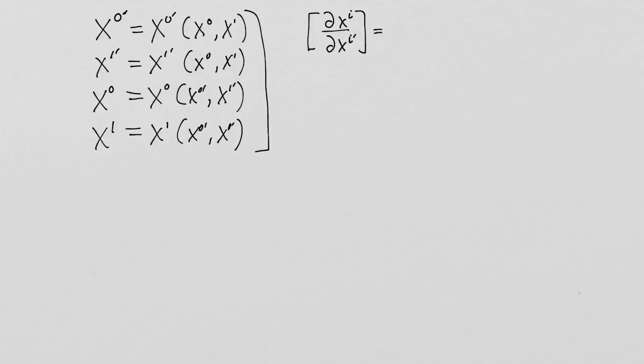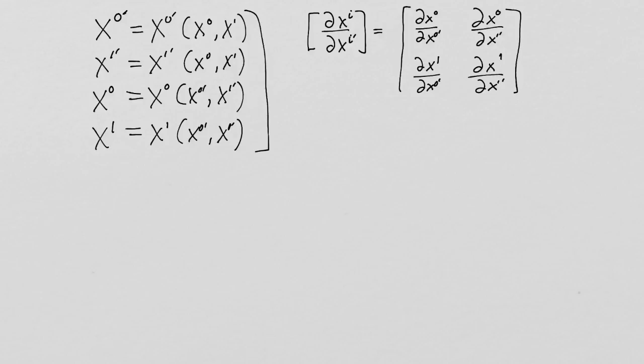And that matrix will be defined as partial x0 over partial x0 prime, partial x0 over partial x1 prime, partial x1 over partial x0 prime, partial x1 over partial x1 prime, like that.